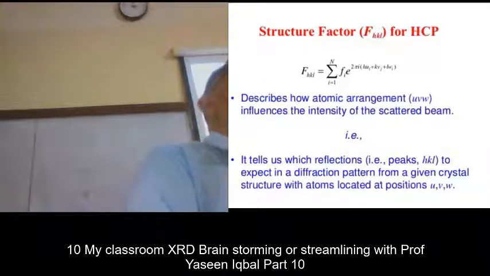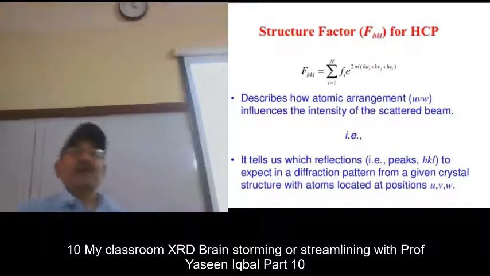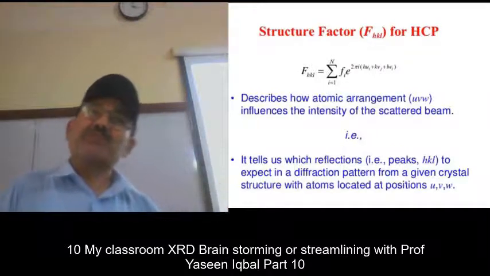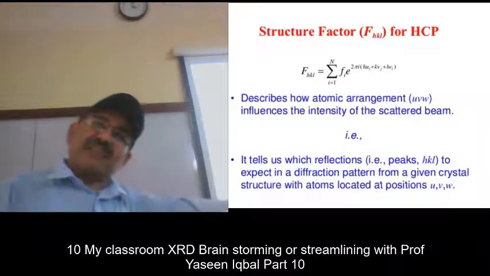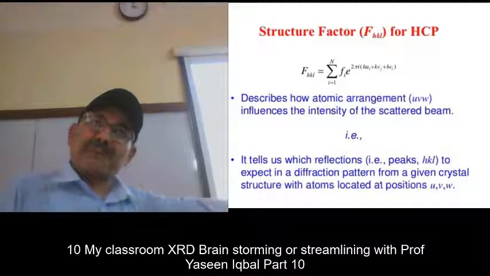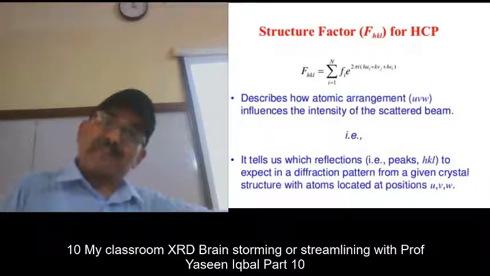Remember this. The forbidden reflections are those for whose HKL values the structure factor gives zero contribution, and that reflection will be forbidden.